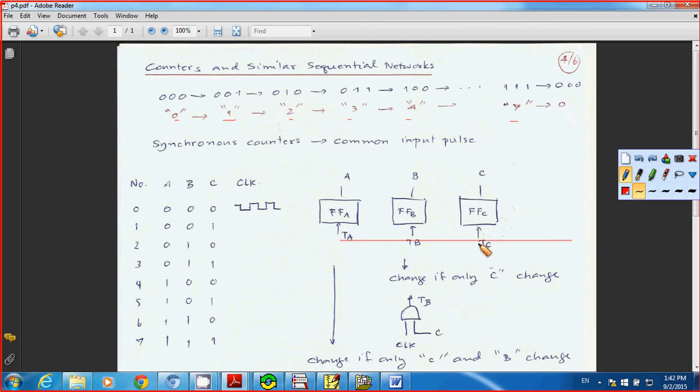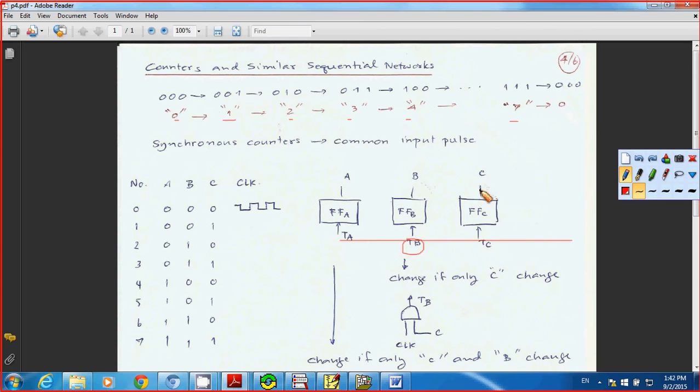And then after that, for input TB, it seems that C has to receive the clock first, and B also has received the clock at the same time. But if no clock coming in, you have no output here.